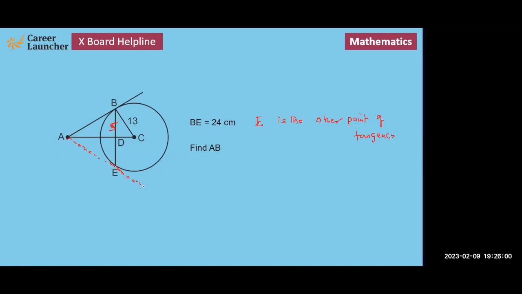E is the other point of tangency, because if we don't have this data, right, we will not be able to solve the question, because there can be many answers for that question. E is the other point of tangency. That creates, or ये compulsory कर देता है कि there is only one solution for this.